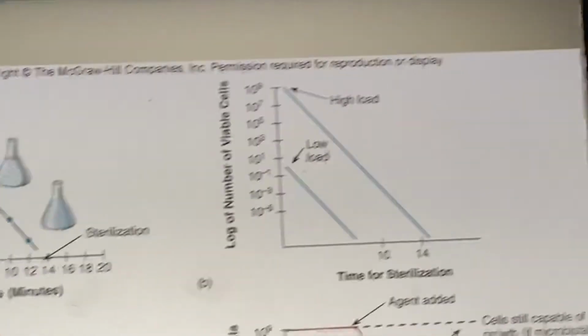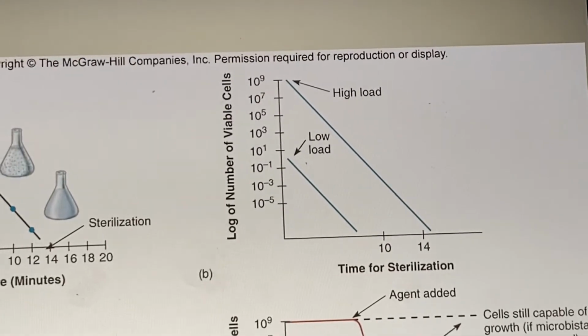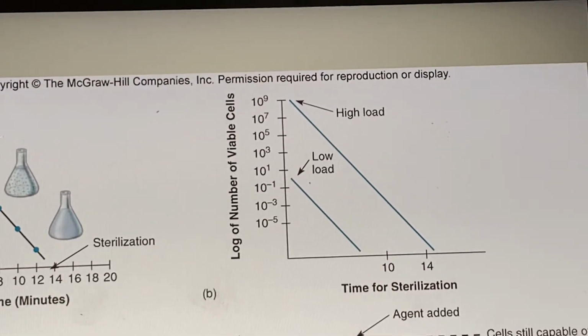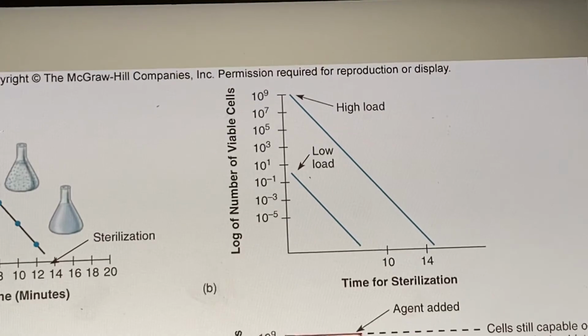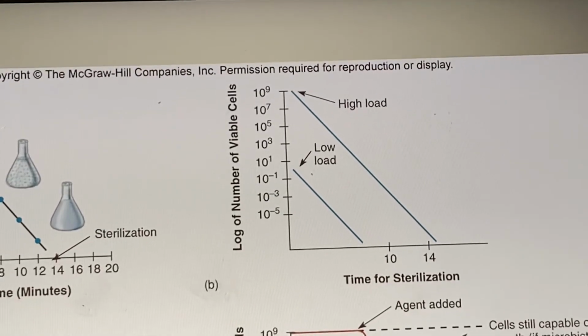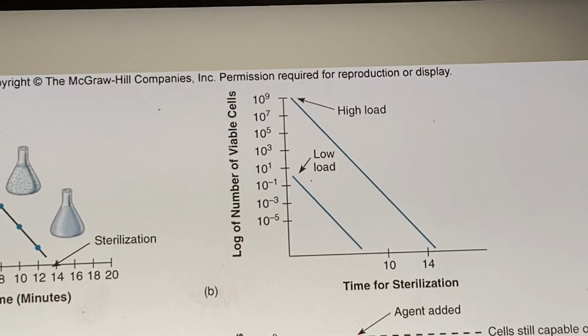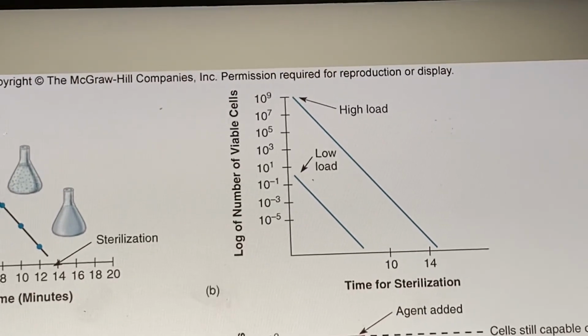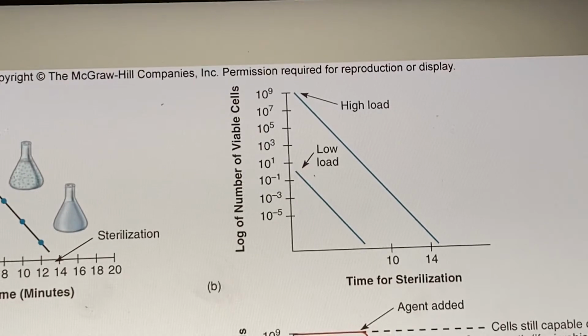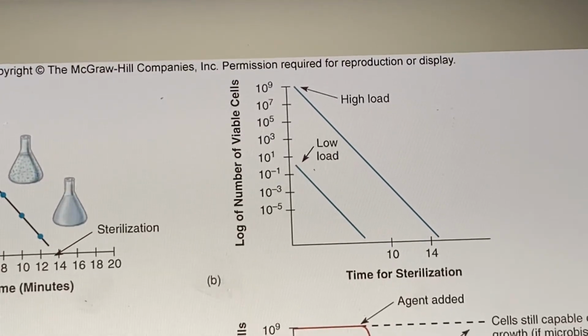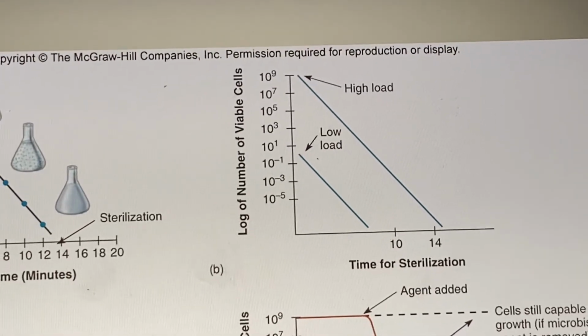So, common sense. Over here, it's kind of the same thing. If you have a ton of cells, it takes longer for sterilization to occur. So you might have to put it in an autoclave longer than if you didn't have that many cells to start with.